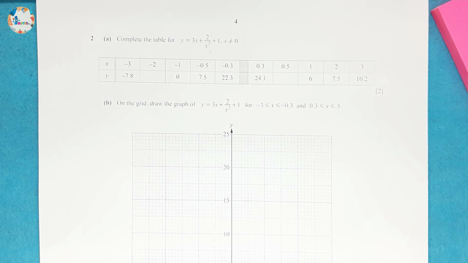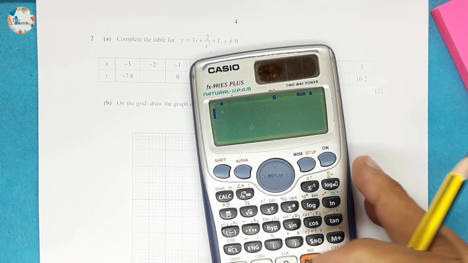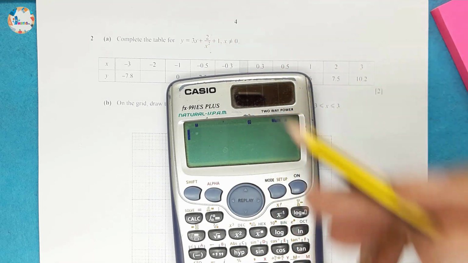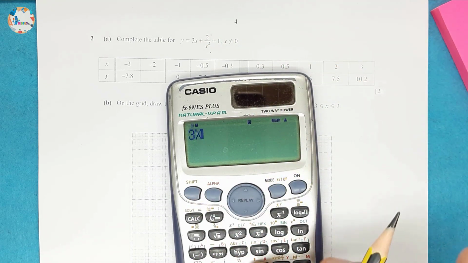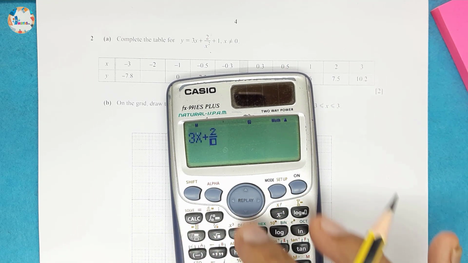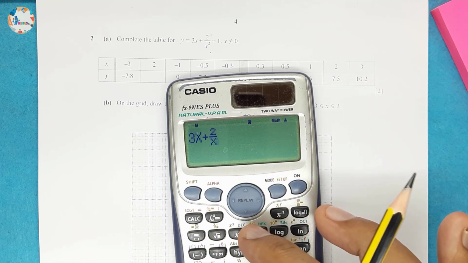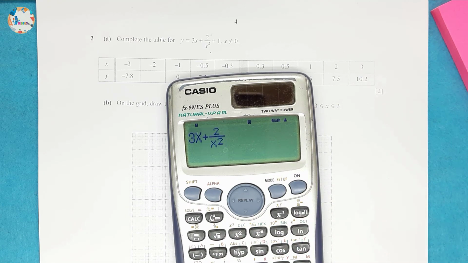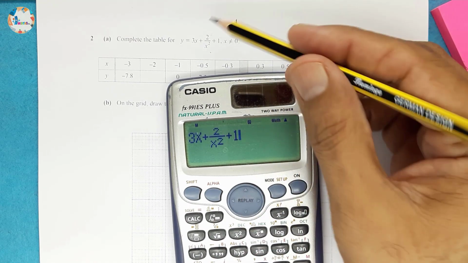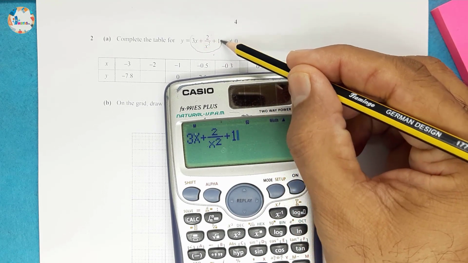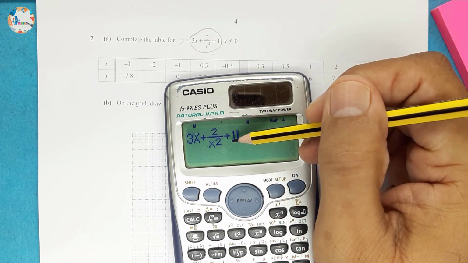So first we have to complete the table. To complete the table, the easiest way is to use the calculator. So 3x plus 2 over x squared plus 1 as well. Now we have written this complete equation on the calculator.